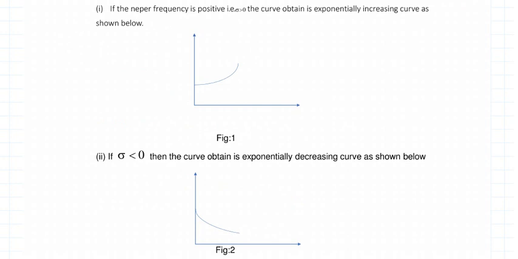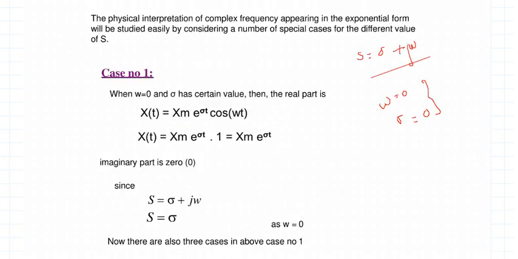Look at this slide. Now we have put omega equal to 0. I hope the slide is visible now. When we put omega equal to 0, what has happened to S? S only reduces to sigma, and the imaginary part becomes 0 because sine of omega t is 0.